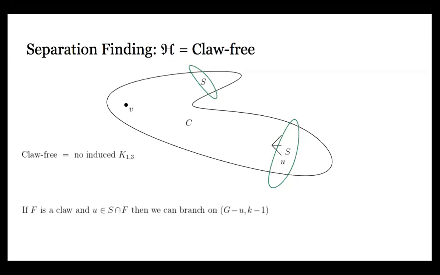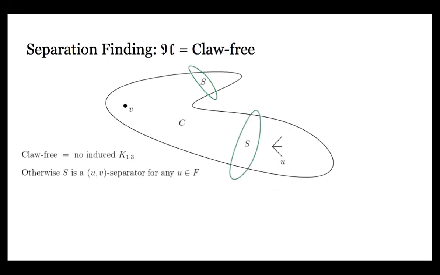We can remove this vertex U, and since we guessed it to belong to S, we can decrease our parameter by 1, and we can recursively solve this problem on G minus U with a smaller parameter. So that's easy.